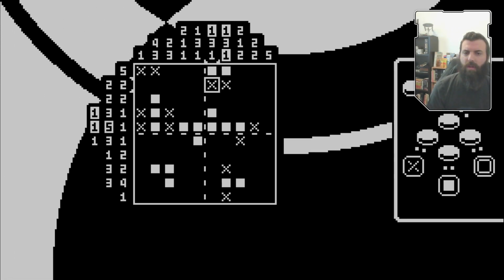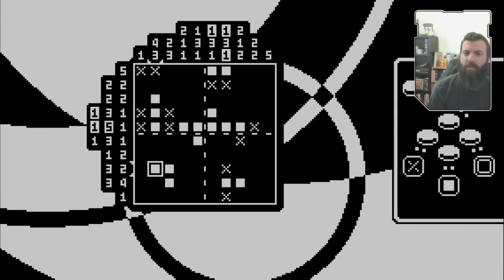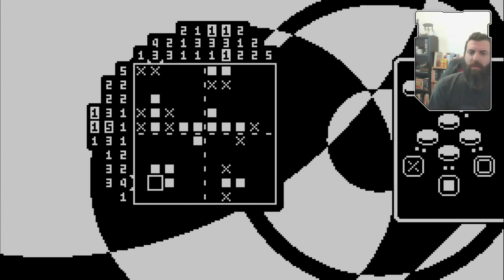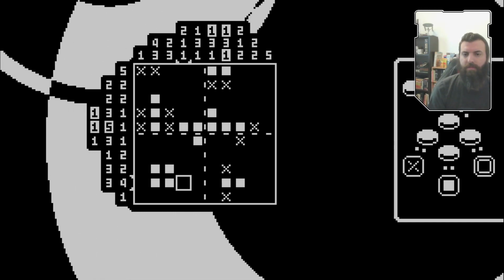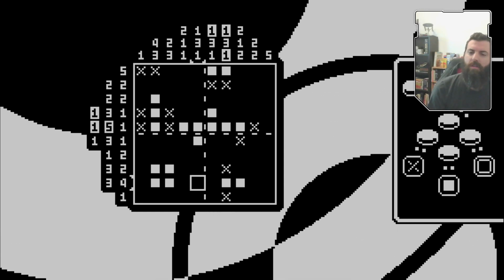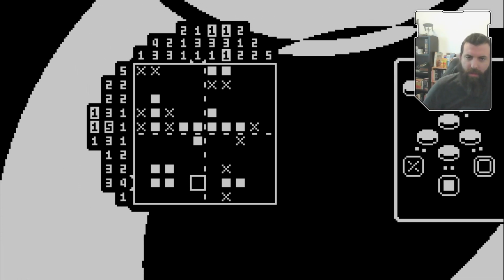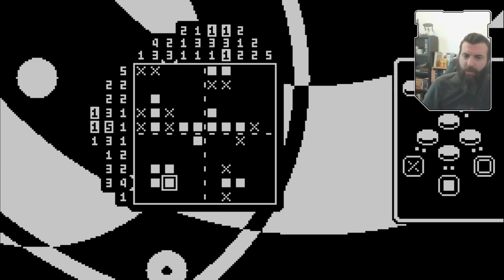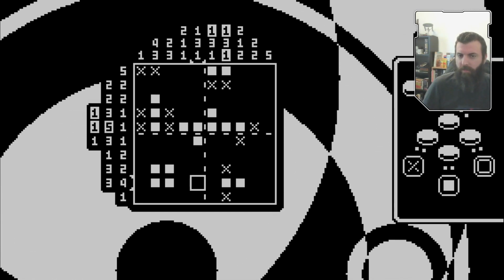What else can we do? With these 3 in here, we can look at our vertical 3 and say, all right, you're going to have to have this pixel filled in. That doesn't help us further, because it could still be 1, 2, 3, space, or it could be space.